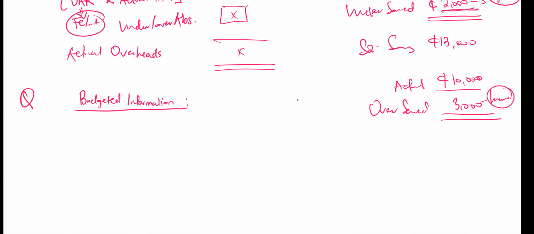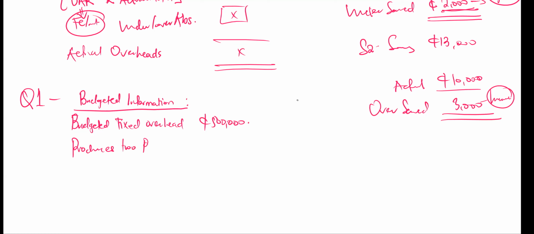So this is a question. I've given you budgeted information. Let's say the company had a budgeted fixed overhead of 500,000. It produces two products. Product A is expected to produce 10,000 units.